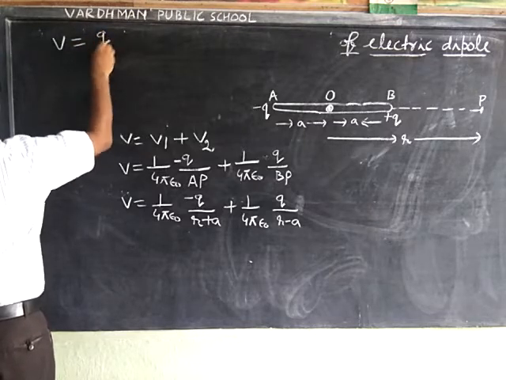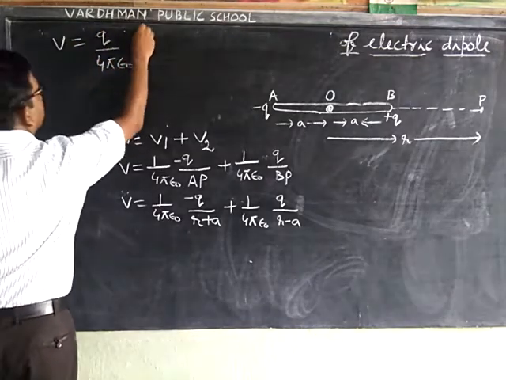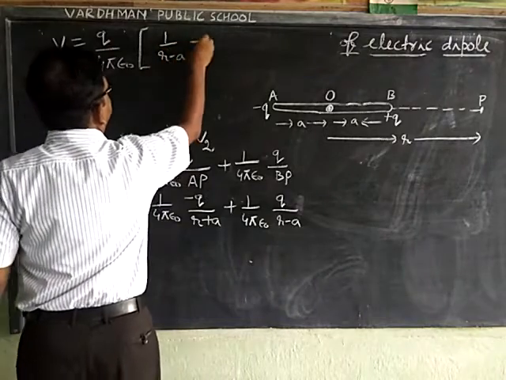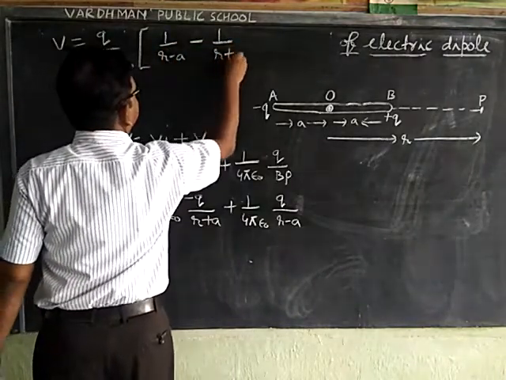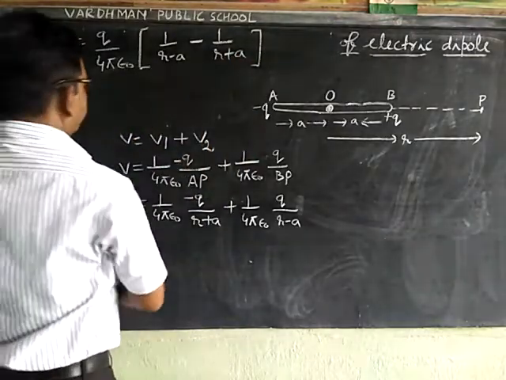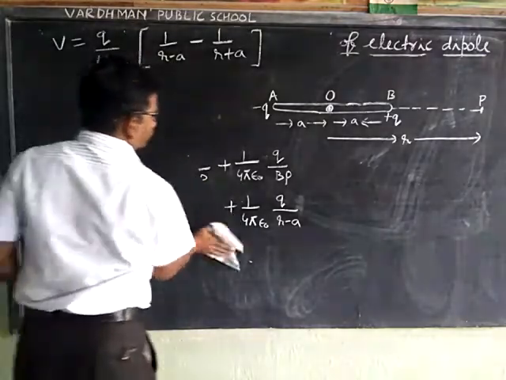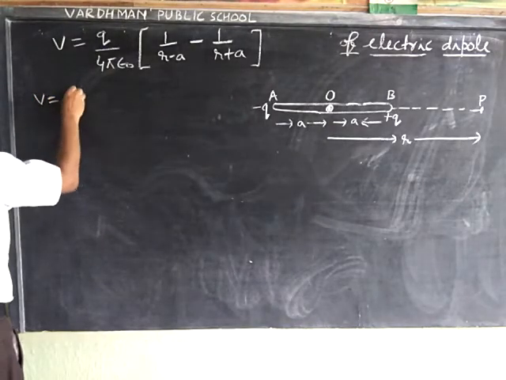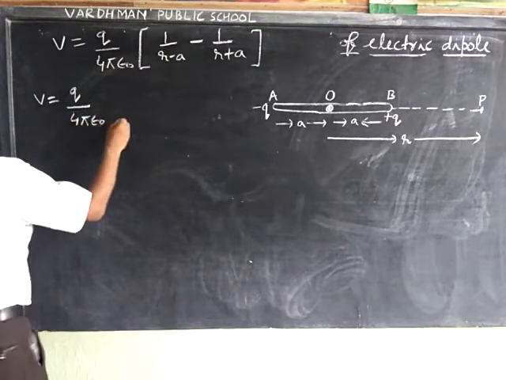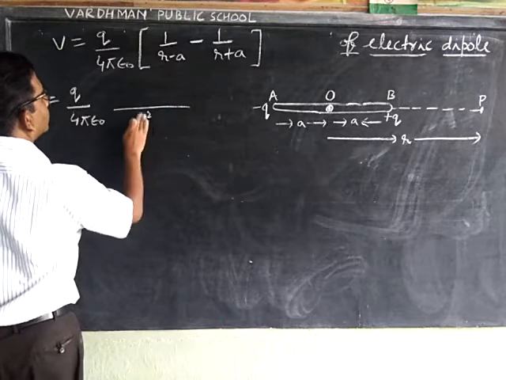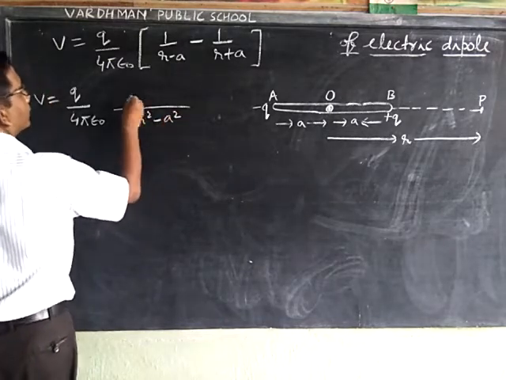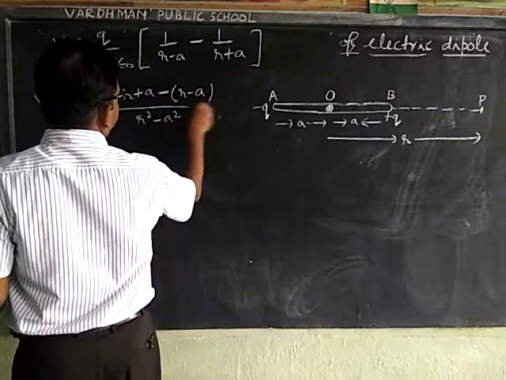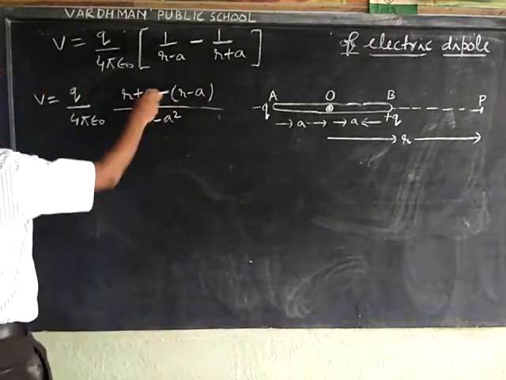V is equal to Q upon 4 pi epsilon naught in bracket, it becomes 1 upon R minus A minus 1 upon R plus A. Now we take LCM, R square minus A square, this becomes R plus A minus R minus A. When we open the bracket, then R cancels and it becomes 2A.